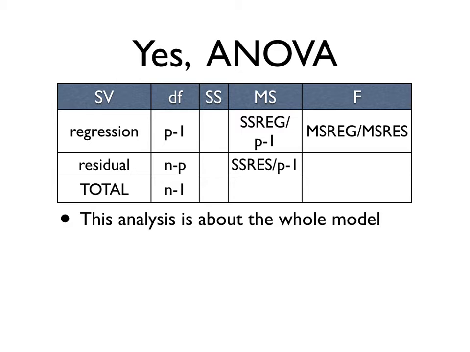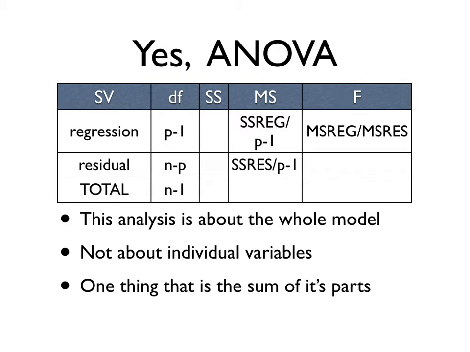It tells you, are you explaining a significant amount of the variance in y with the whole thing? It's not about the individual x variables and the weights you put on them, the coefficients. It's about the whole thing.